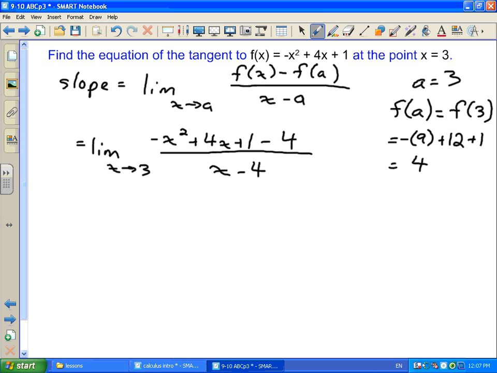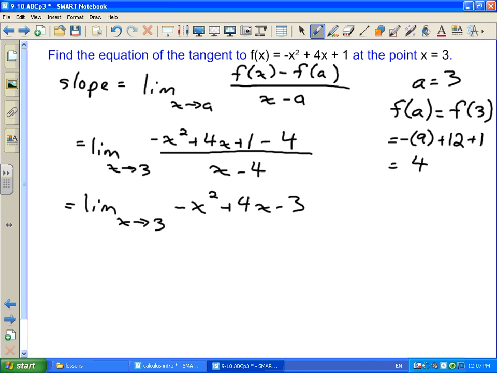What do you think we should do next here? There's an easy step that we should do up in the numerator, even before we do the factoring. Yeah, we should simplify it as much as possible before we do anything to do with the factoring.